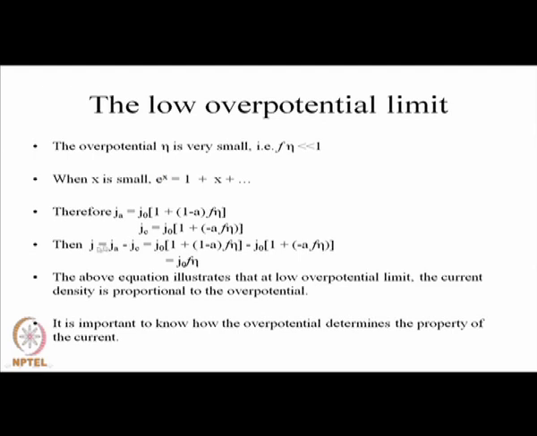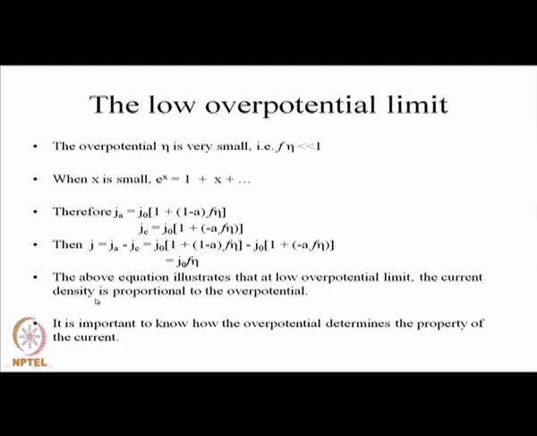Then expressing the total current density, which is equal to Ja minus Jc, it equals the exchange current density times this one. So the net current density is equal to J0 into F into eta.